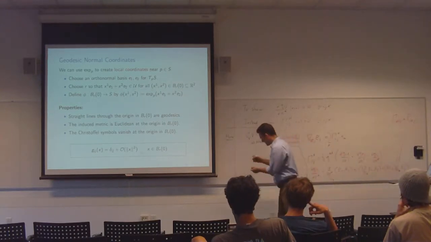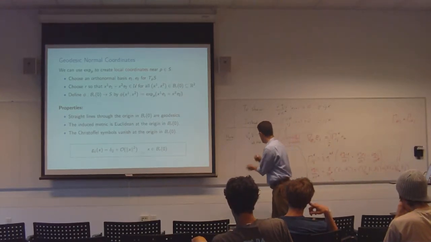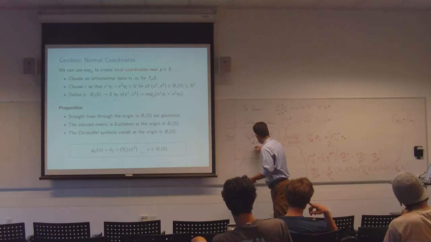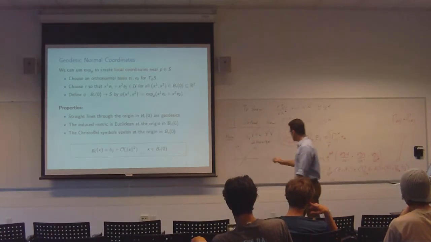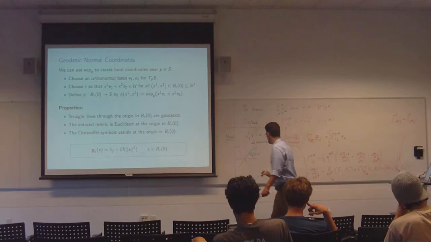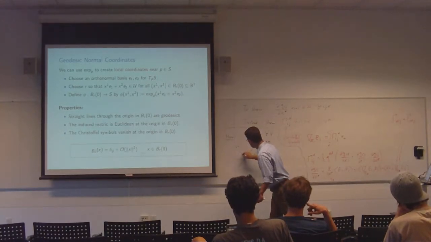If I draw this out, here's my parameter plane, here's v1, here's v2, let's say. Along here, I've got the covariant derivative in the direction v1 equal to 0. All along here, I've got the one in the direction v2 equal to 0.